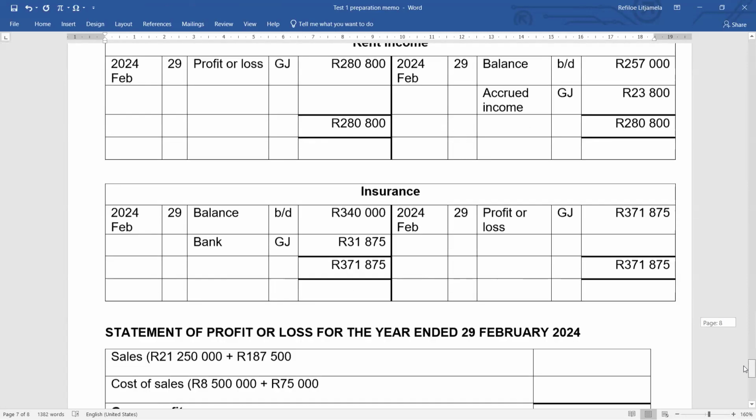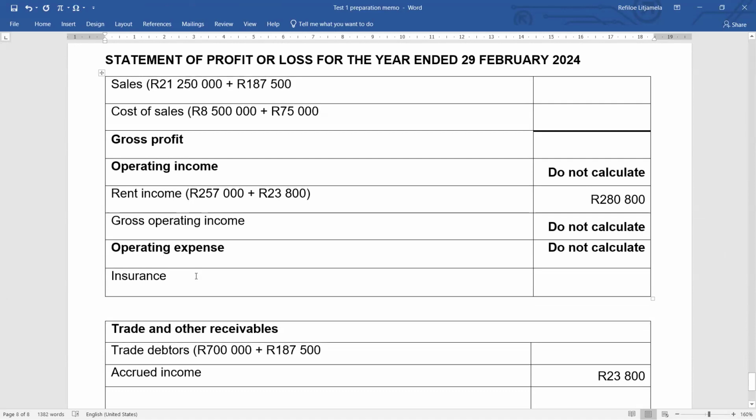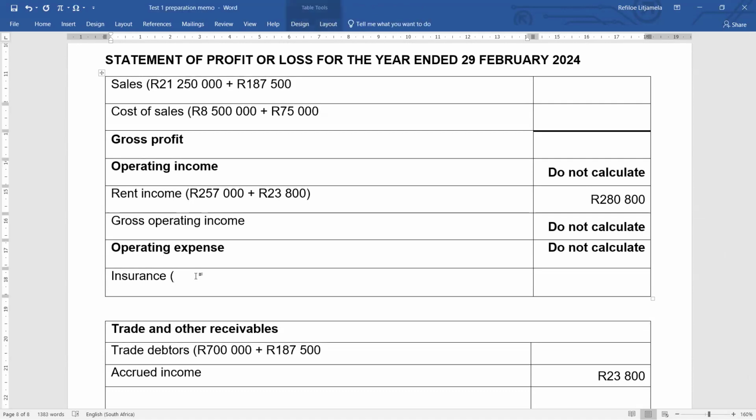Now, bank is affected here, obviously. When it comes to our insurance expense, you will just take the 340,000 and then add the 31,875, which is the insurance that fell within the current financial year.